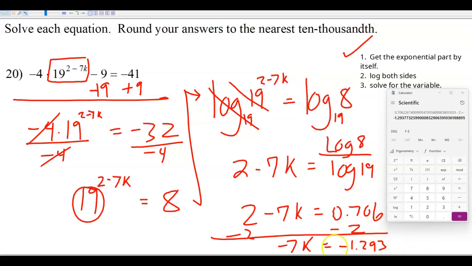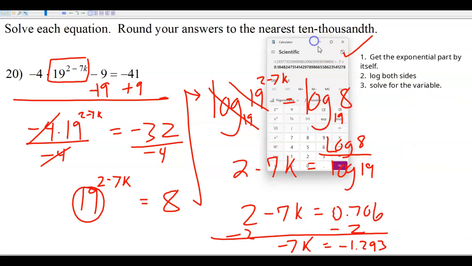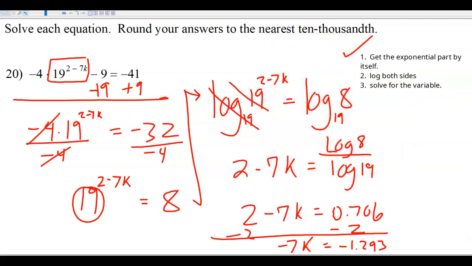And then finally, we're going to divide both sides by a negative 7. And I end up with 0.185. Okay, and there it is.